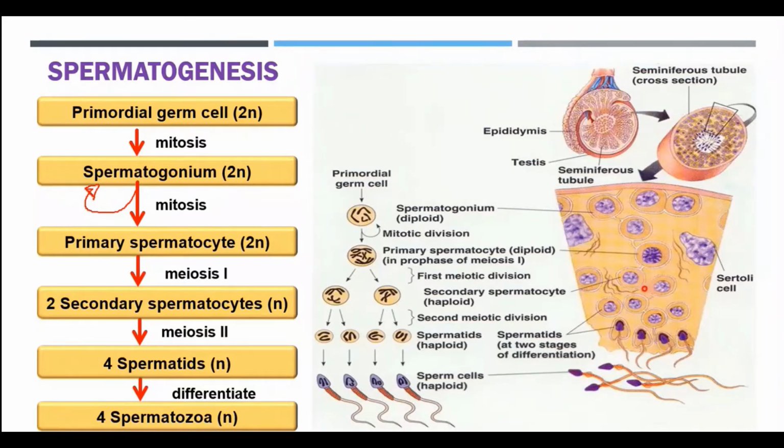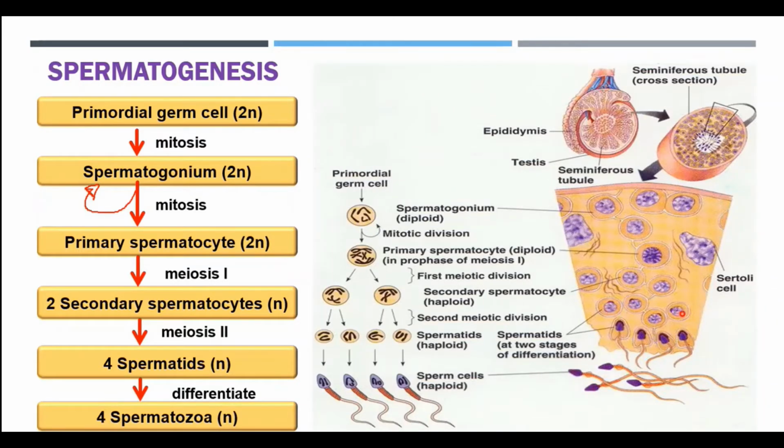The secondary spermatocytes undergo meiosis 2, in which one secondary spermatocyte produces these two cells, and another secondary spermatocyte produces another two cells. All these four cells are known as the spermatids. So there are four spermatids produced over here. These spermatids can differentiate.